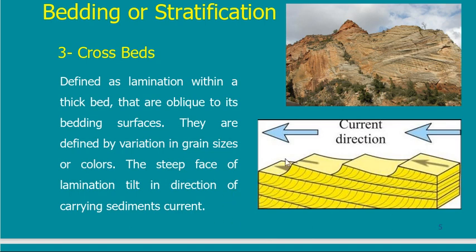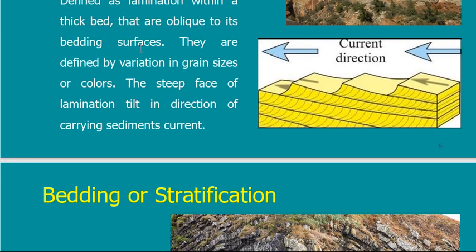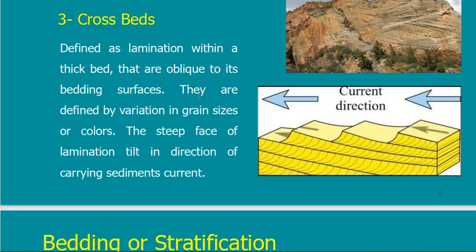It means between this layer and this layer, there may be 1 or 2 million years to be formed, and so on. So this is another type called the crossbeds. I will tell you later why we are discussing this. This is very important for us, but we will discuss it at the end of the lecture.